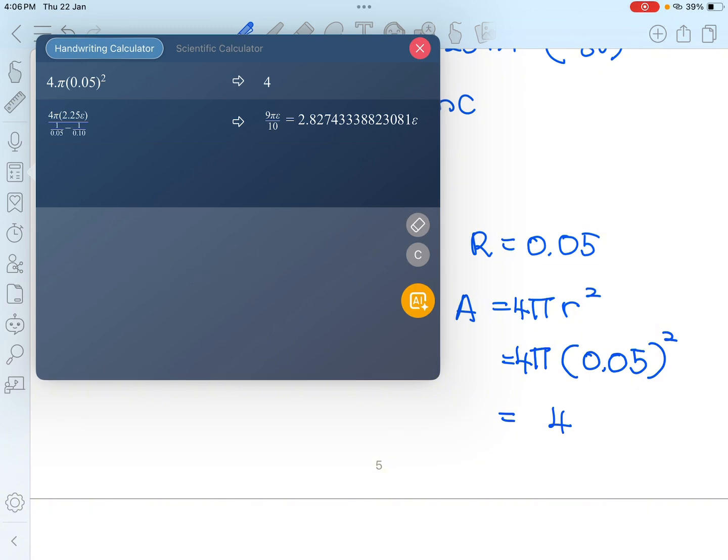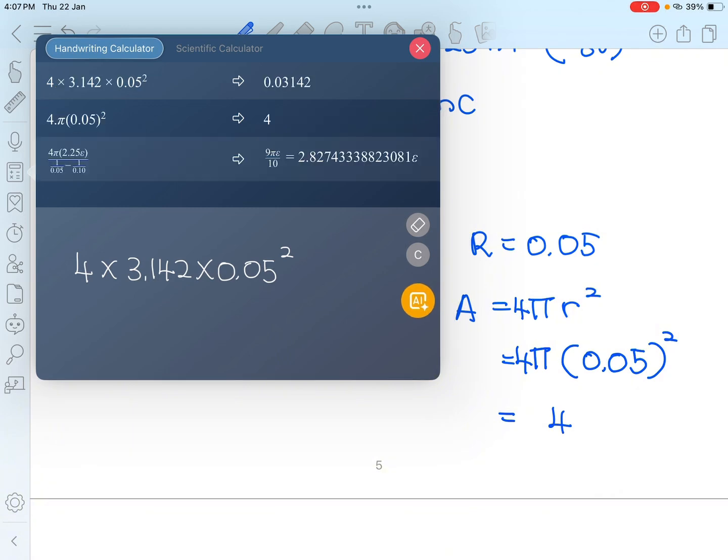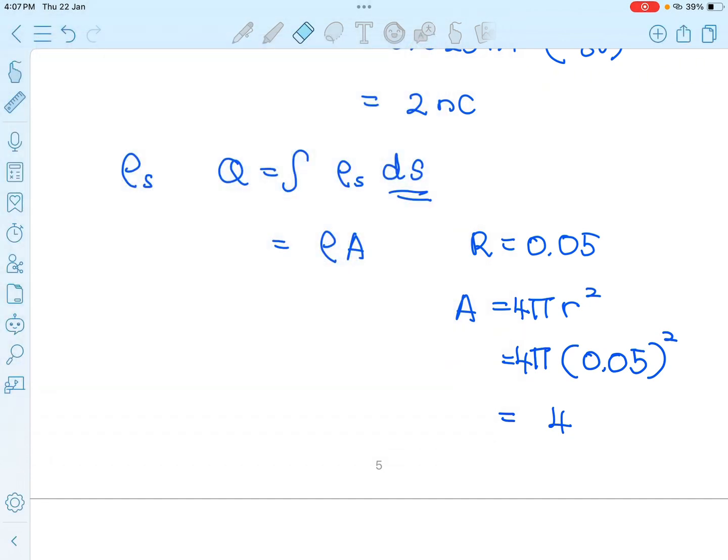Let me check. It equals 0.03142. So you are going to calculate this one.